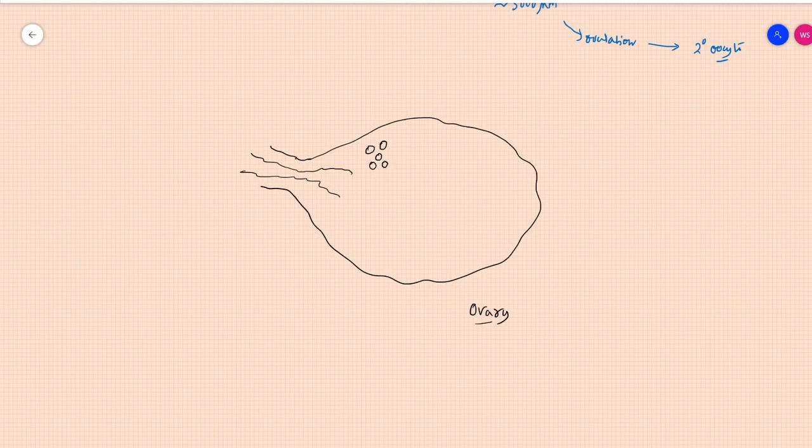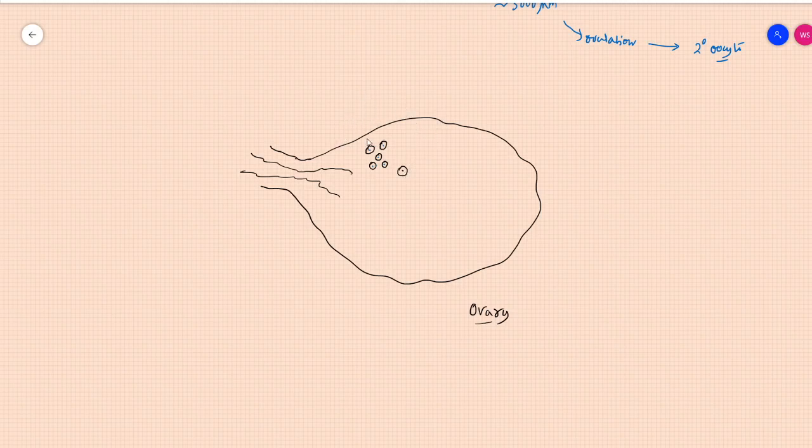So let's say these things have got the, okay, and then there are cells slightly bigger than this. Okay, so let's write what these are and then we'll continue.